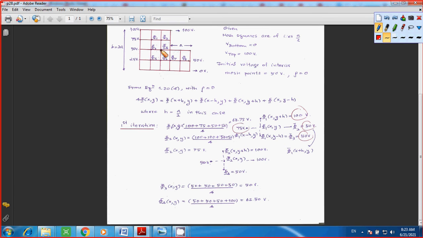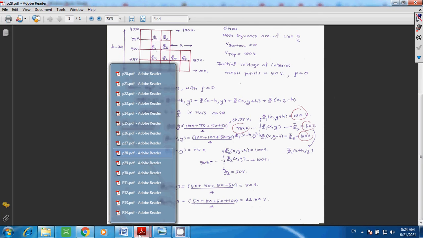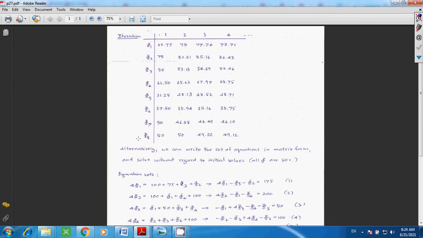Phi 4, that's going to be equal to phi 2 plus phi 3, 50 volt, plus phi 6, 50 volt, plus 100 volt. And you have phi 4 equal to 62.50 volt. And you can do the rest.